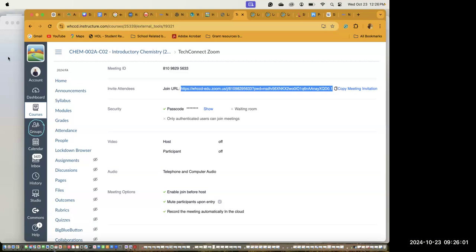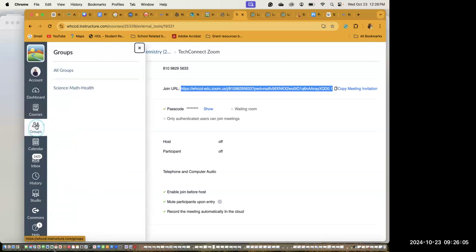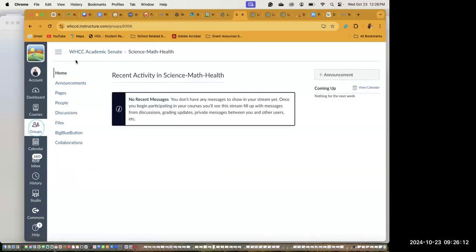I'm going to select mine. My group is math, science, and health. And so in that case, this would be the page for the math and science and health group. So that group page is your group page. And so you'll be able to find out who your partners are, and then also put your group work on there.